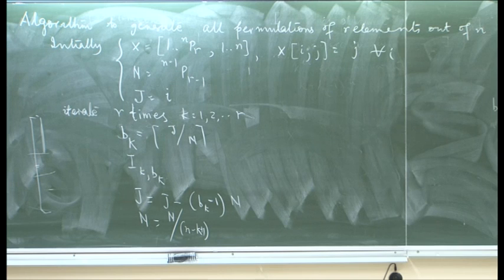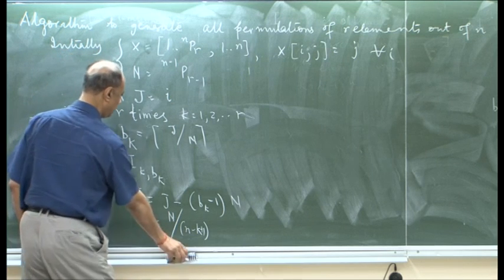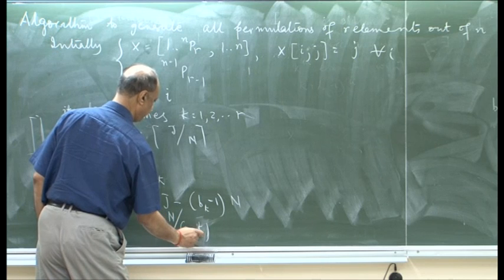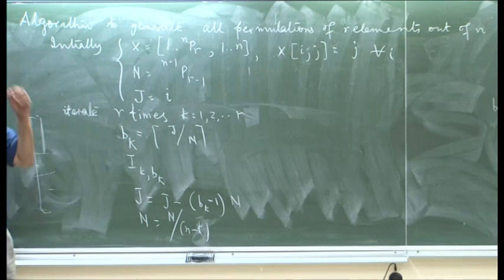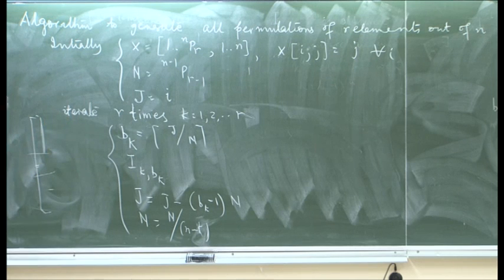For k is 1, this k, n minus k. So n will be reduced by n minus k. So this is your steps to be iterated.